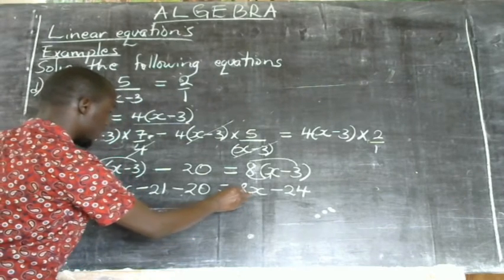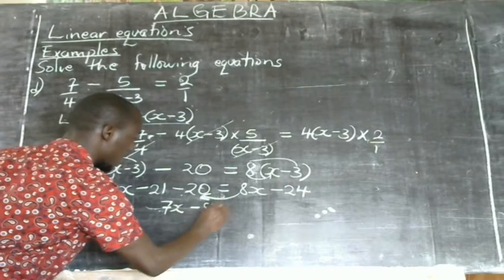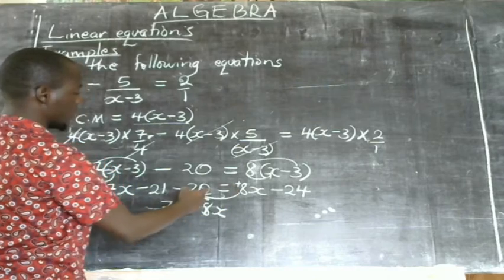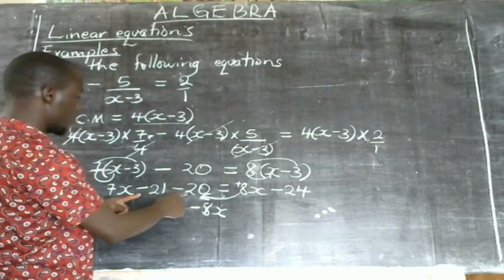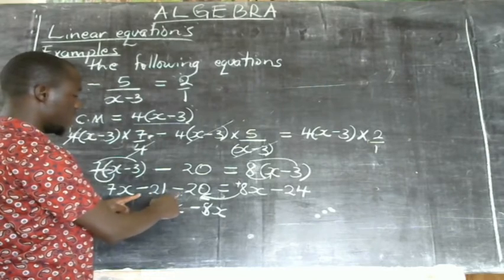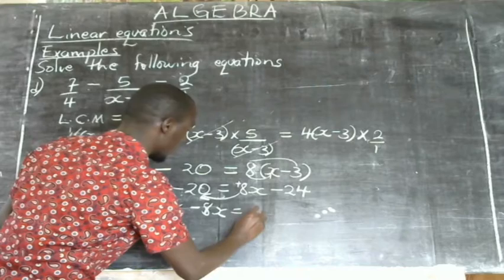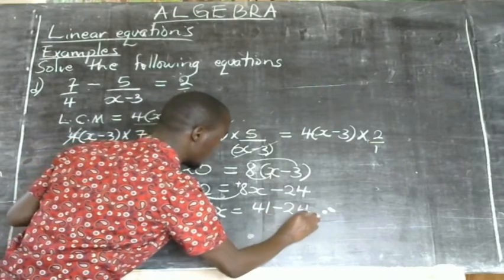So the 8, taking it this side, this is going to be 7x minus the 8, because this side has been positive. When it crosses the equal sign, it becomes a negative. Then these two here, they give me negative 41. So when they cross the equal sign, it's going to become positive 41, then minus the 24 there.